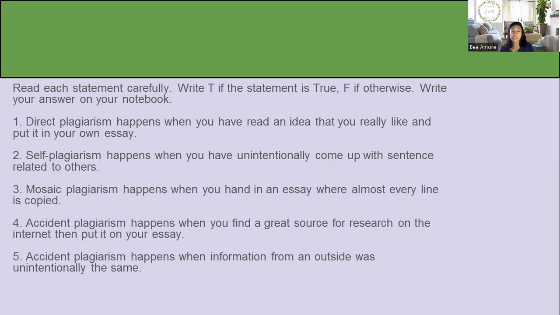Yung plagiarism na gayon? 2, self-plagiarism happens when you have unintentionally come up with sentence related to others. 3, mosaic plagiarism happens when you hand in an essay where almost every line is copied. 4, accidental plagiarism happens when you find a great source for research on the internet, then put it on your essay. And number 5, accidental plagiarism happens when information from an outside source was unintentionally the same.